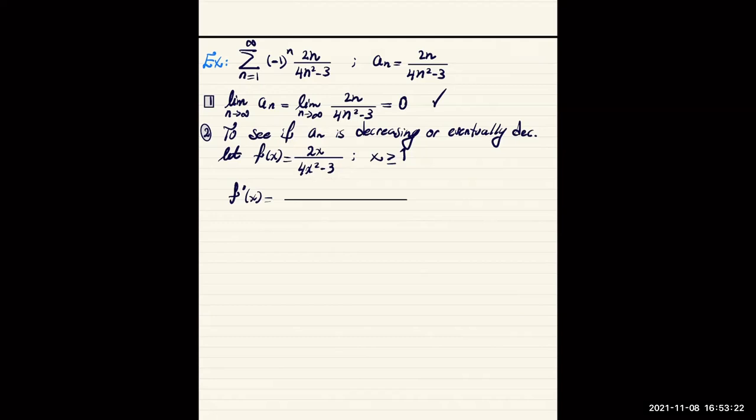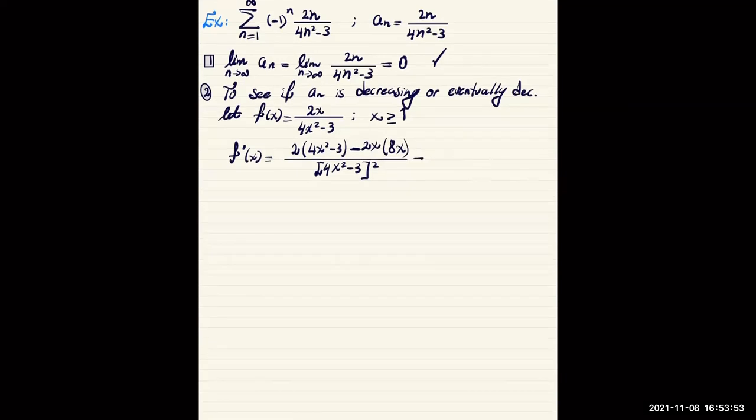The derivative works out nicely. We're going to square the bottom, quotient rule. Take the derivative of the top: the derivative of 2x is 2. We multiply that by the bottom, minus the top, which is 2x, times the derivative of the bottom. The derivative of 4x squared is 8x, and the derivative of 3 is 0, so just 8x.